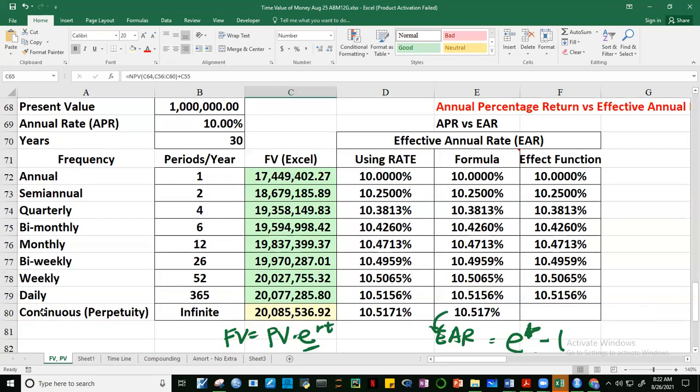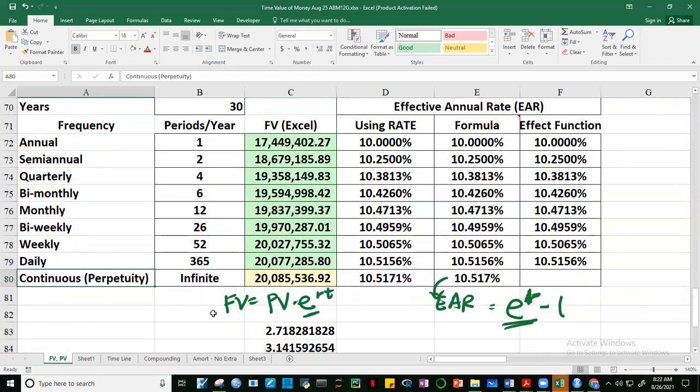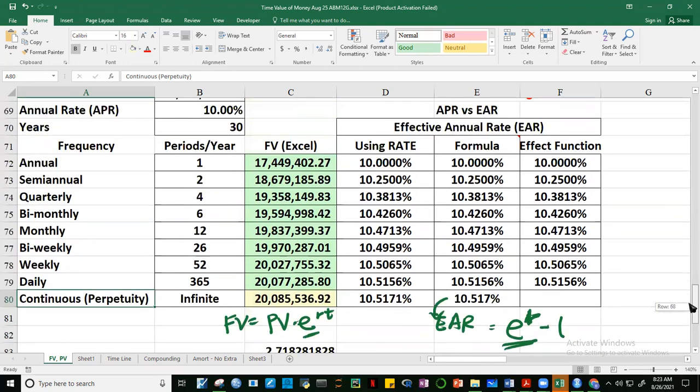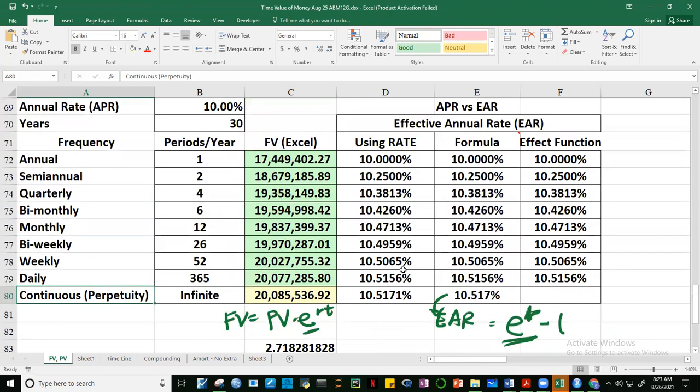Okay, we also learned how to do continuous compounding, where the formula is the future value is equal to present value times e to the RT to get the future value. No? But to get the effective annual rate, it's e to the R minus 1. Okay, so this in a nutshell, guys, are the topics that we learned in this worksheet.